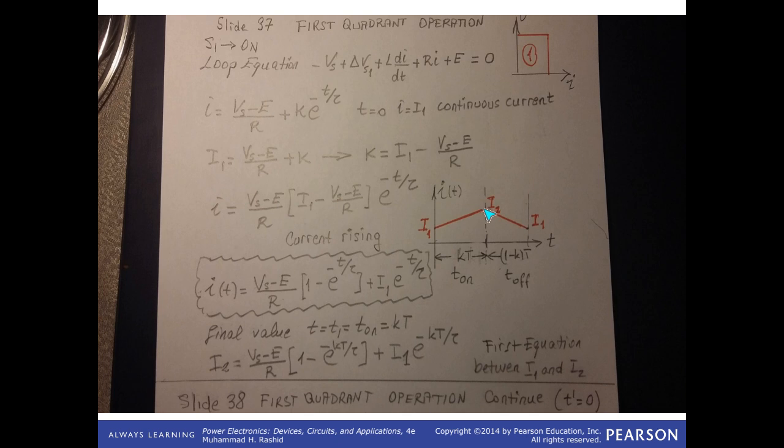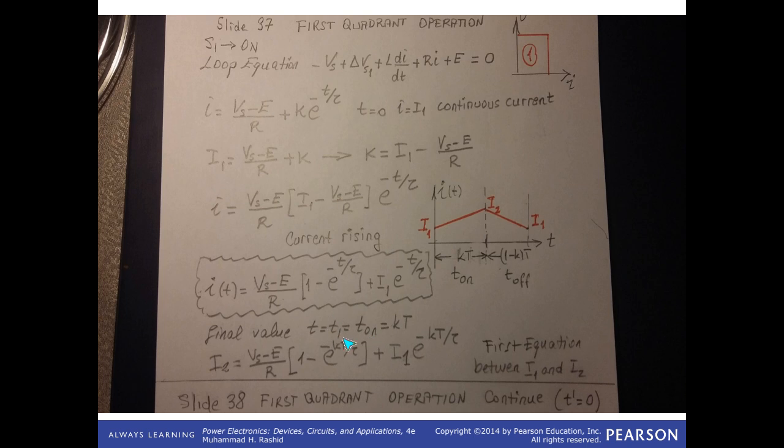So it's rising. If I know I1, how could I find I2? I have a question. Quiz. How could I find I2? If time is equal T on, that means t is equal kT, then current is going to be I2. So t equal t1, which is equal T on.